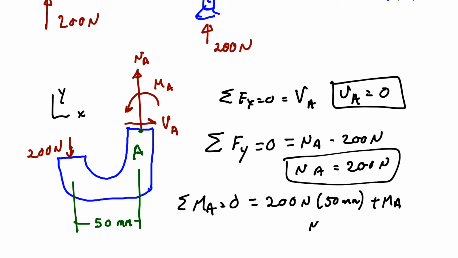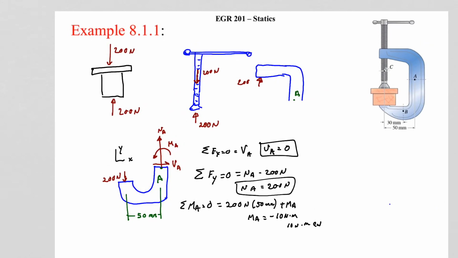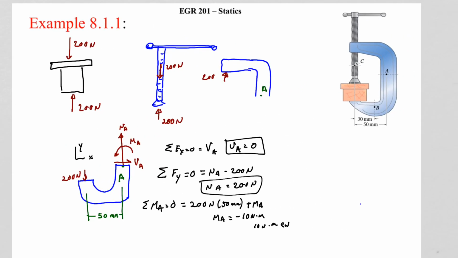We can solve for MA, then equals a minus 10 Newton meters, or 10 Newton meters clockwise. I converted the millimeters. This really comes out to 10,000 Newton millimeters. I converted it to Newton meters. So there we have our solution for this clamp.